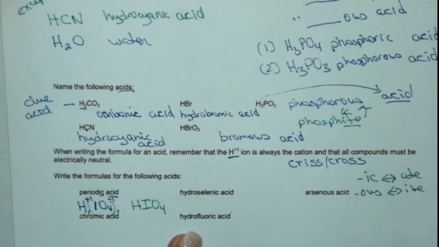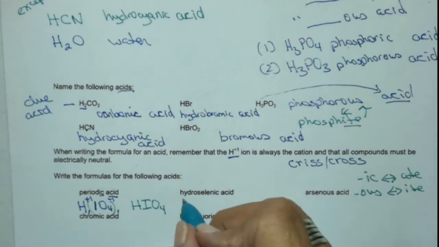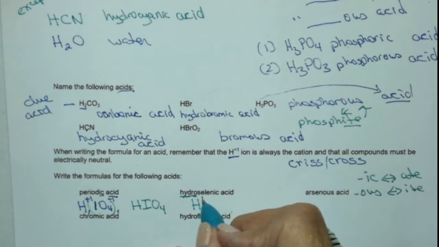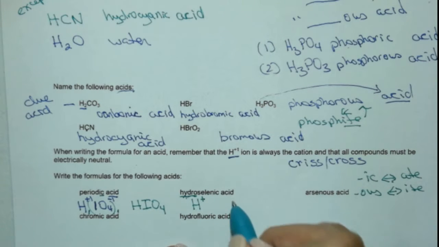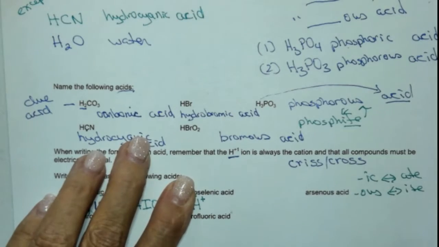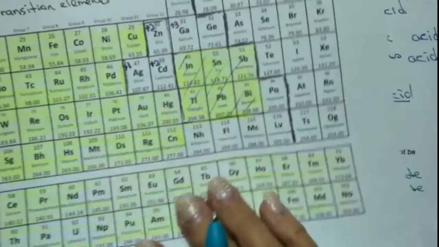When I go to the right, I'm looking for clues. Oh, there's hydro. That means element to follow. Acid means I start with an H. So because hydro is telling me an element to follow, selenic must be an element, and it's found on the periodic table.